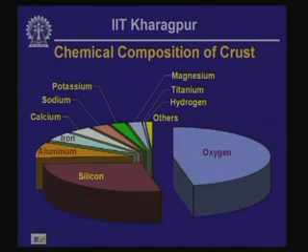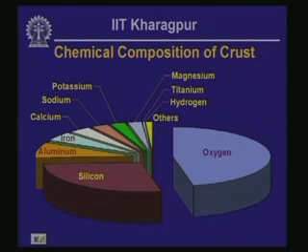A large part of the Earth's crust is composed of oxygen, and the second most abundant building block of the Earth's surface is silicon, as is shown on the pie chart of this slide.